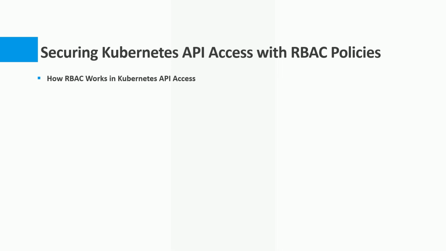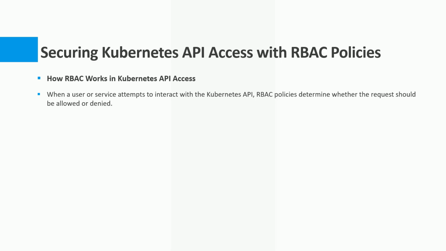Hello everyone. In this lecture, I am going to discuss a very important topic: how RBAC works in Kubernetes API access. When a user or service attempts to interact with the Kubernetes cluster via the Kubernetes API, RBAC policies determine whether the request should be allowed or denied.